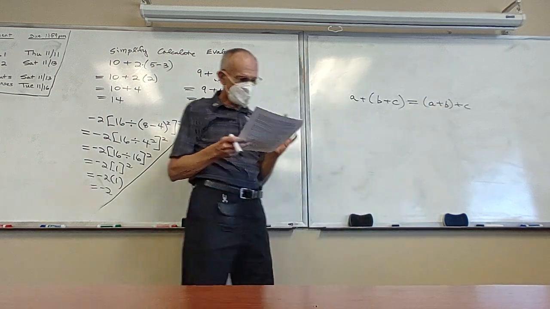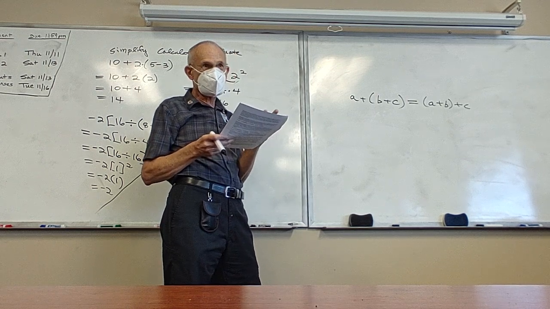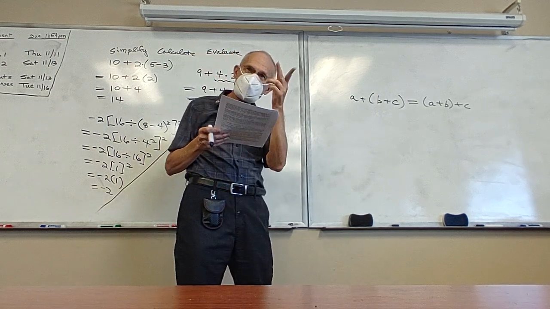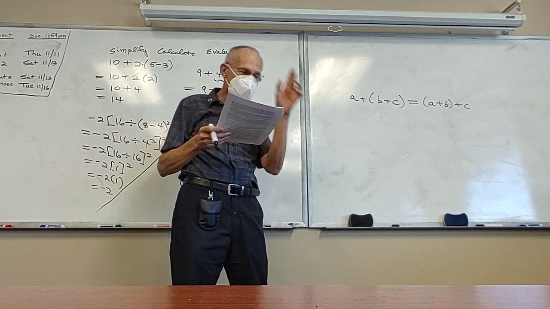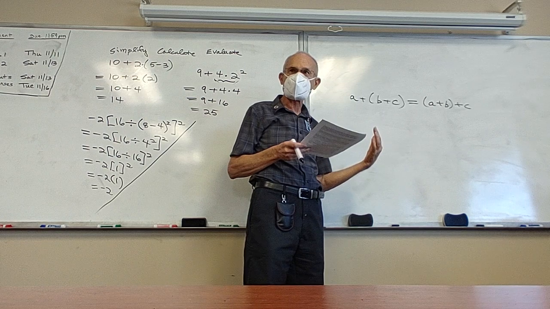And we can combine, actually, the associative property with the commutative property. The commutative property said the order of two doesn't matter. The associative property says which two you start out with doesn't matter.